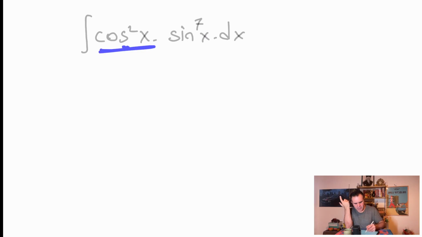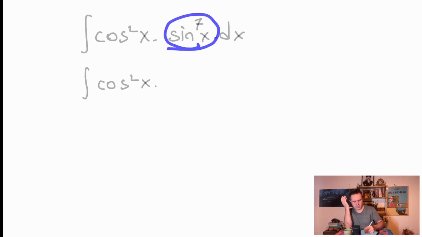If we had just one sine x multiplied by dx, then we could use the substitution method. And actually, I can split sine to the power of 7x into two parts: sine to the power of 6x times sine x dx.